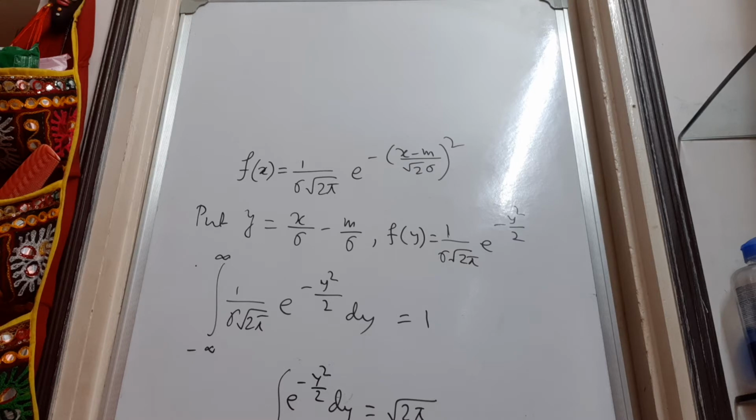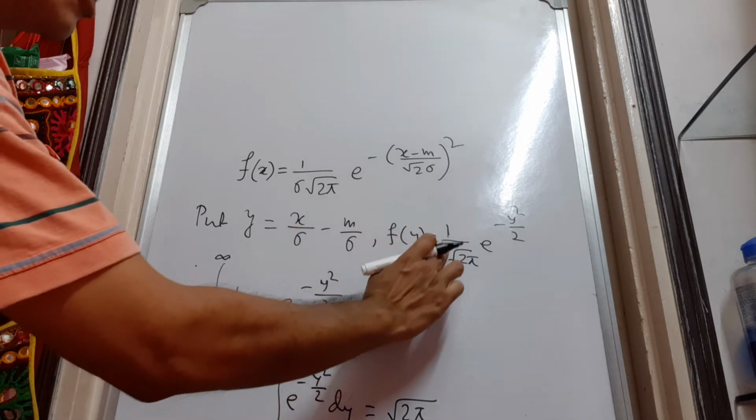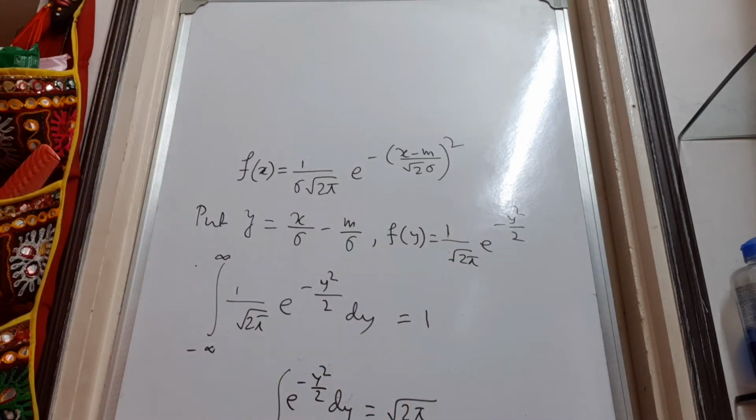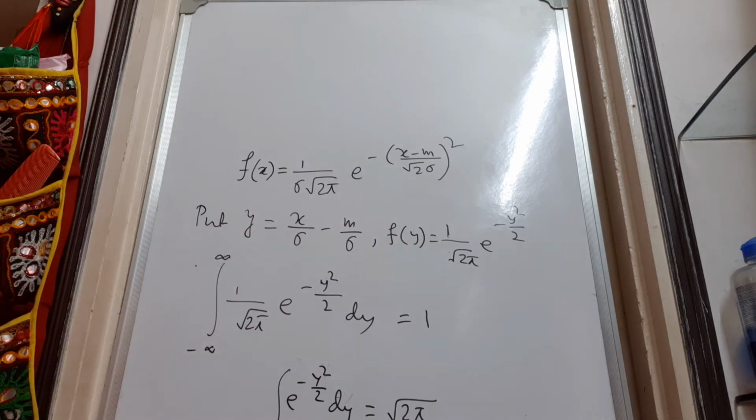Okay, this is equal to root 2 pi. Oh, this sigma is not there, since we have substituted, this will become like this, f y will look like this. We have changed the scale.